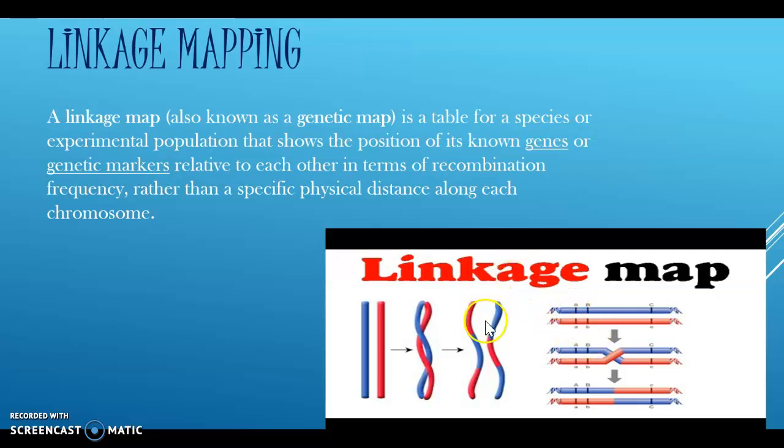The linkage map, also known as the genetic map, is a table for a species or experimental population. It shows the positions of its known genes or genetic markers relative to each other in terms of recombinant frequency. If it is more than 50%, the loci are far apart on the same chromosome or present on different chromosomes.